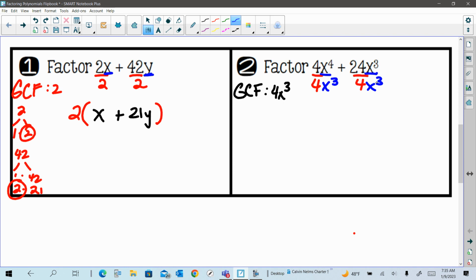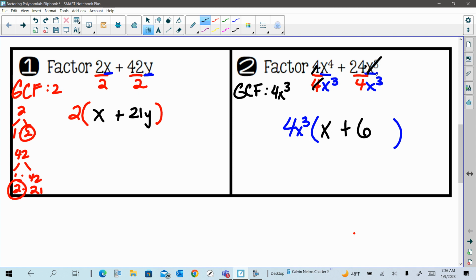So I'm going to put the 4x to the 3rd outside the parentheses, and then the remainder inside. When you have exponents, to the 4th and to the 3rd, you just subtract them, okay? So the 3 cancels and we're left with x to the 1 power, or you can just say the 1 is invisible, just x. 24 divided by 4 leaves me with 6.